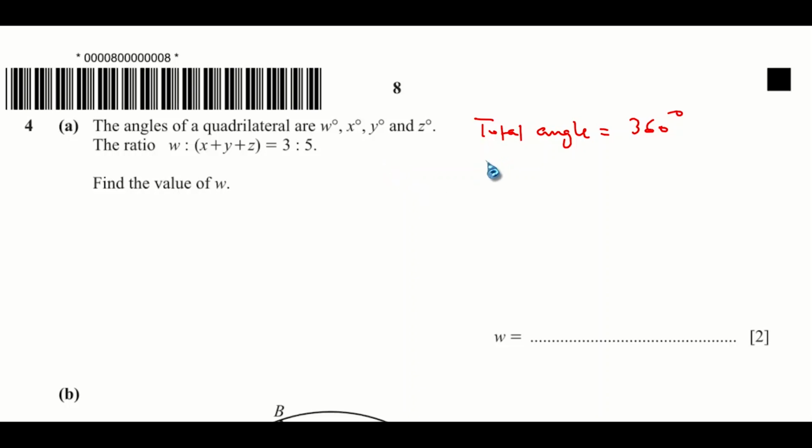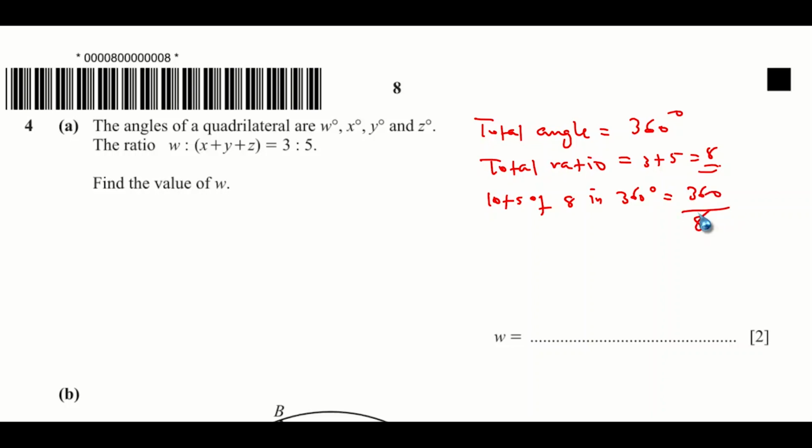And total ratio equals 3 add 5 equals 8. So how many lots will you see? Lots of 8 in 360 degrees will be 360 degrees divided by 8. If you do this, you should get 45.